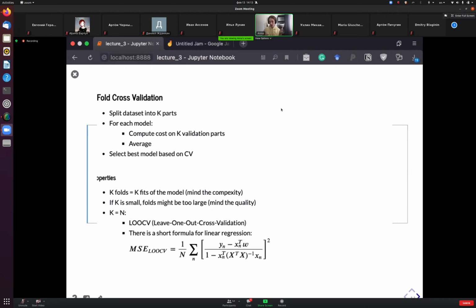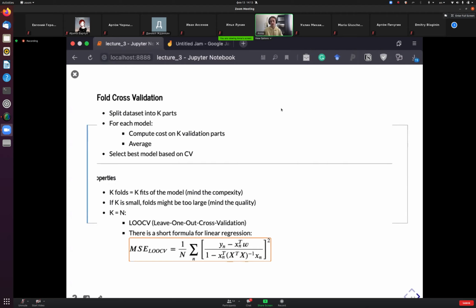The good thing about linear regression is that there is actually a closed form formula for leave one out cross-validation for regression with MSE loss, meaning that you don't have to retrain your linear regression n times. So you only need to compute (X transpose X) to the power -1 once, and then you just sum n components based on this formula.